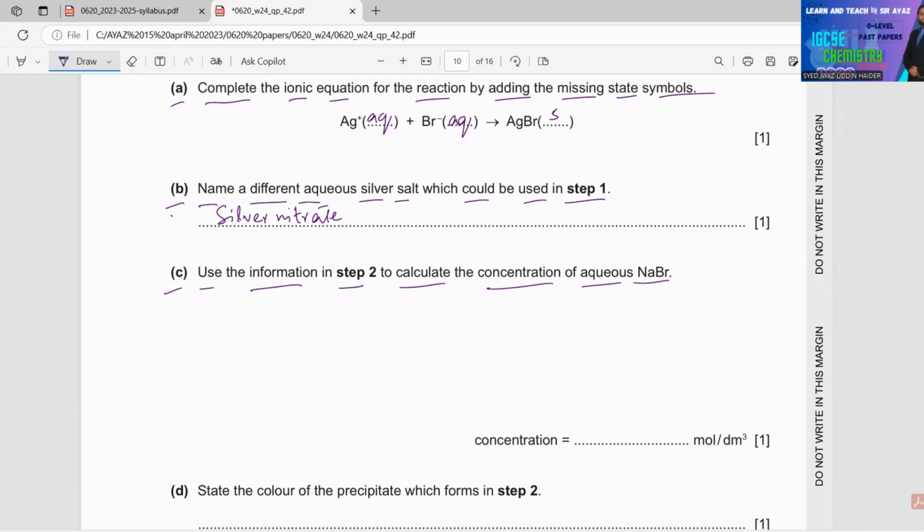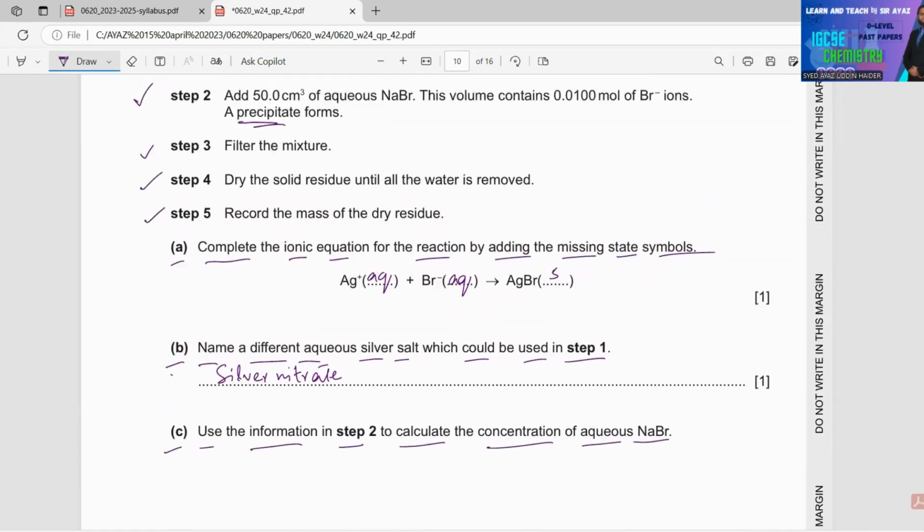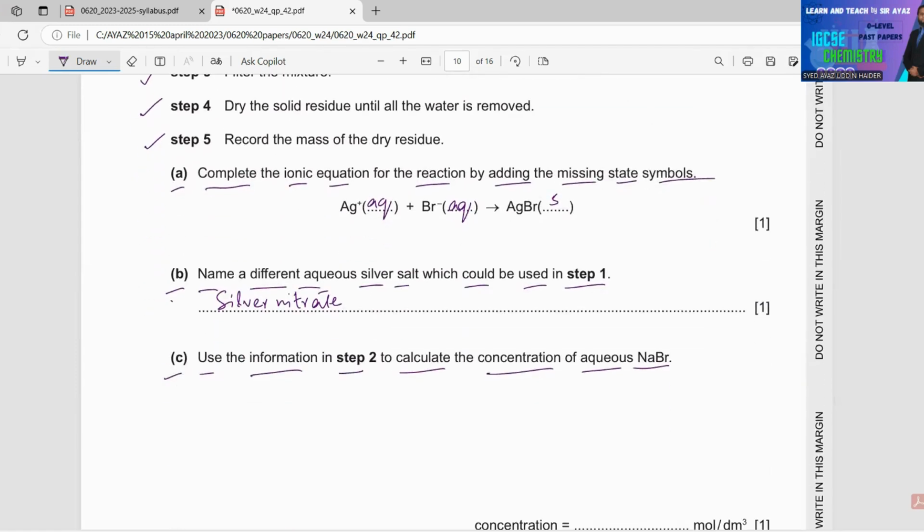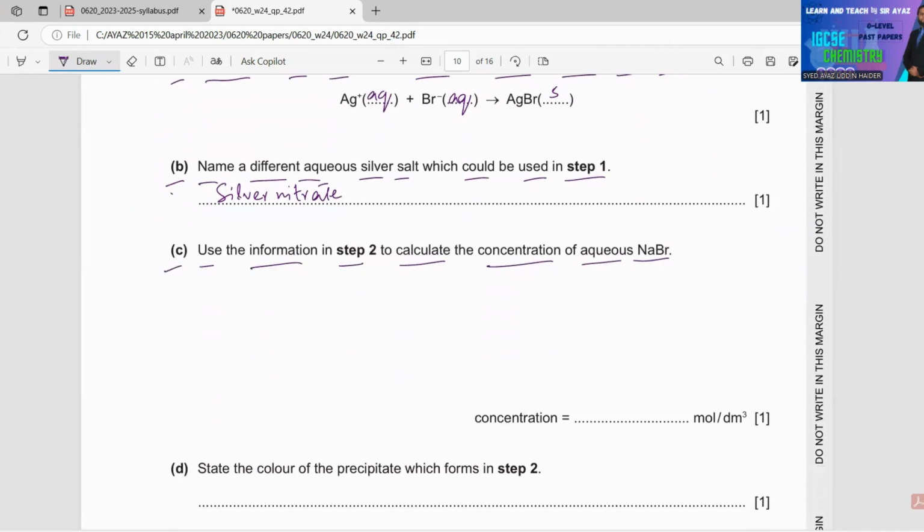Now we need to calculate the concentration of NaBr. In step 2, they have added 50 cm3 of aqueous NaBr, and this volume contains 0.01 moles. So we need to calculate the concentration. Concentration means you have to calculate the moles per dm3.